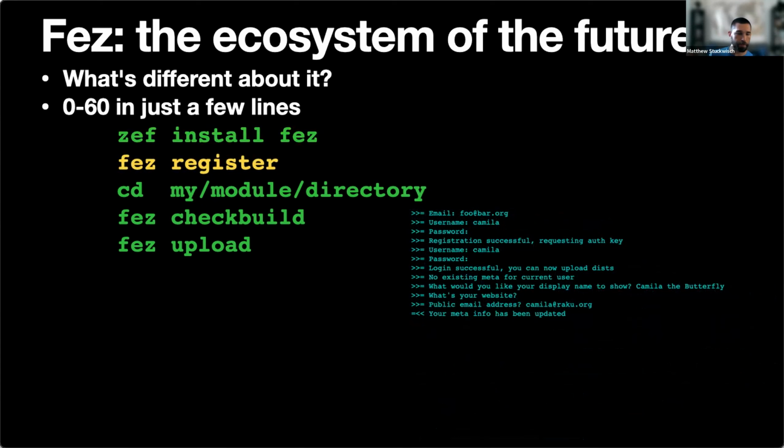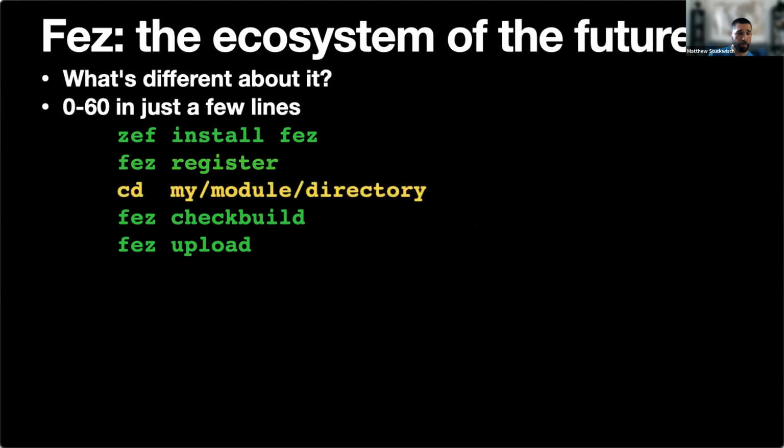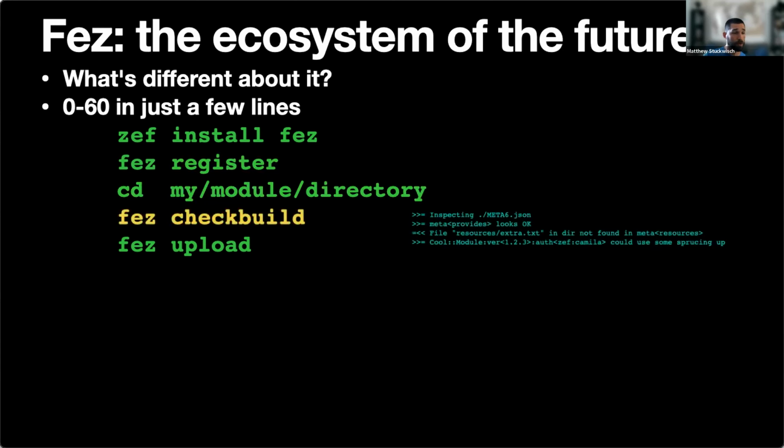It'll ask you to put in some other information about you, your meta info. Then switch to the directory of your module. Do fez checkbuild, which I found out is not actually required. Apparently, I thought it was. And Liz said it asks for reauthentication once per month now.